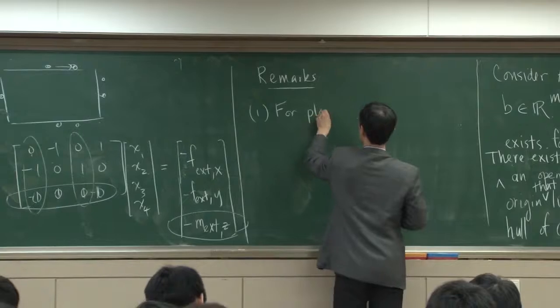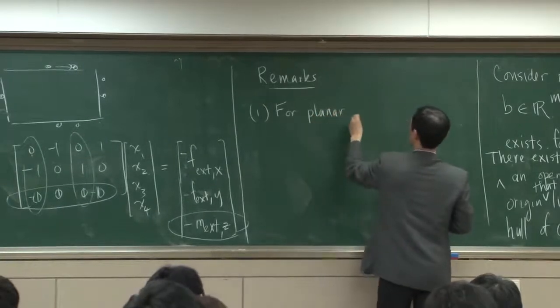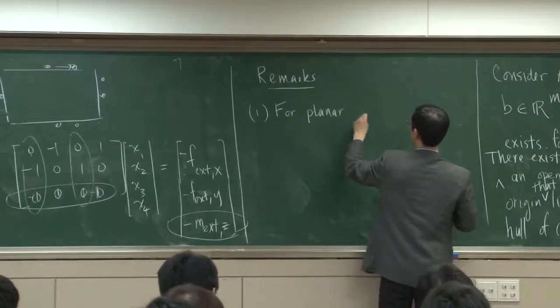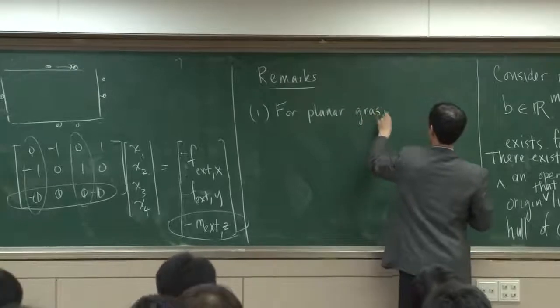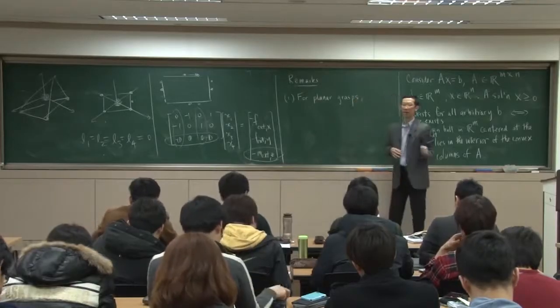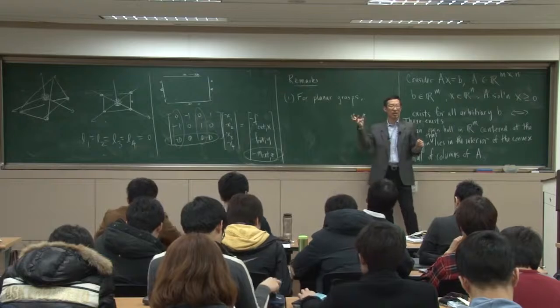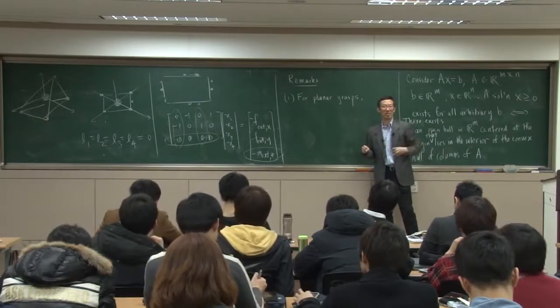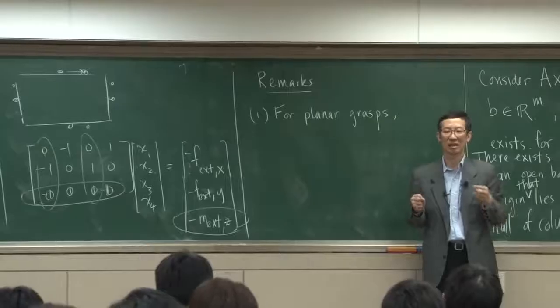So for planar grasps, how many fingers do we need? Minimum number of fingers do we need?